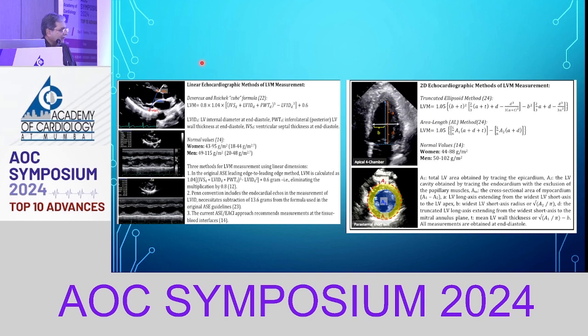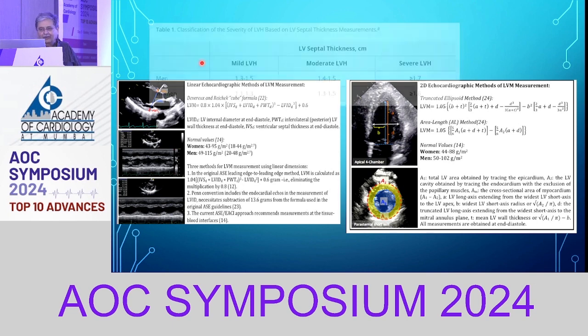You subtract this endocardial area from the epicardial area. What you get is the remaining myocardial rind. You multiply it using the specific gravity of the muscle, and you have formulas which give you the left ventricular mass. This is one of the most practical methods, though not very accurate, but this is probably the best method we can have for assessing the left ventricular mass.